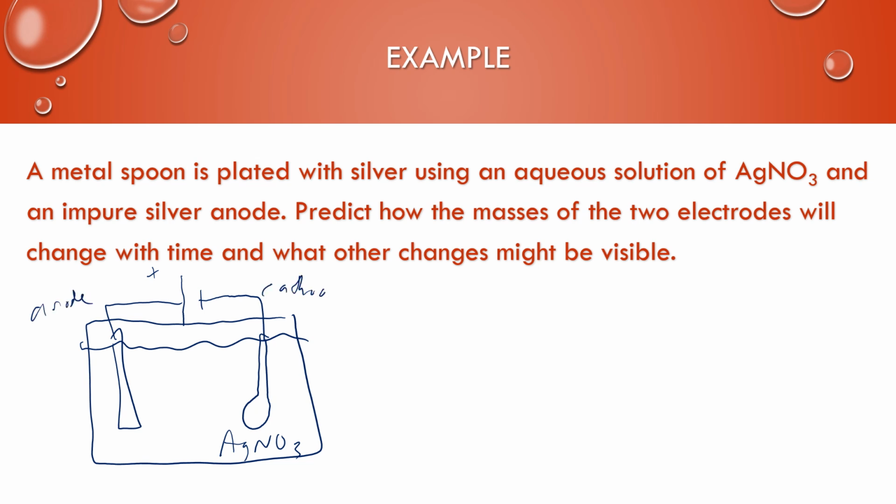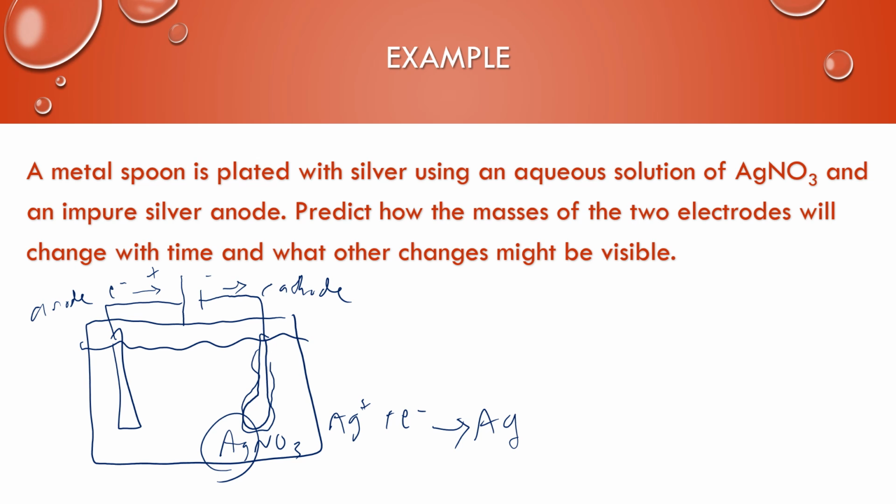When you're applying the electrical energy, the electrons are going to transfer from the anode to the cathode. When it does that, the silver ions in the solution are going to gain electrons and form solid silver metal on the surface of the spoon.